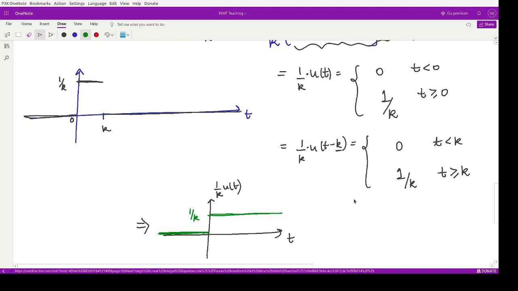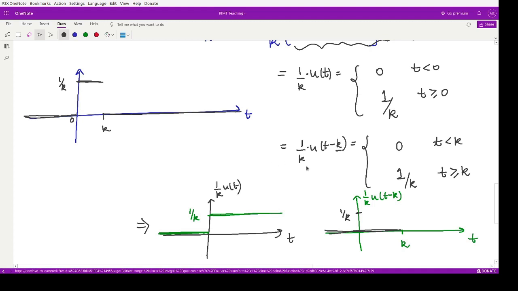This function would be like this. This is the t-axis, this is 1 by k u of t minus k. Whenever t is less than k, the function's value is 0, and whenever t is greater than or equal to k, the function's value is 1 by k, right?